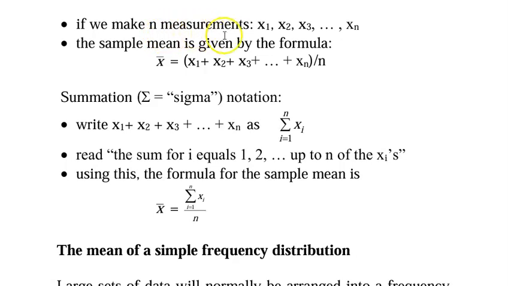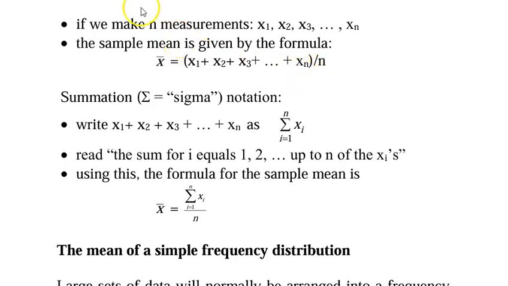If we have n measurements, they will be x1, x2, x3 up to xn, which means all the measurements given in the data set. The sample mean is given by the sum of all the measurements divided by n.